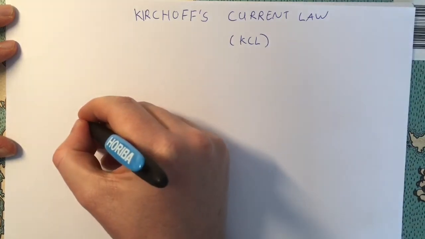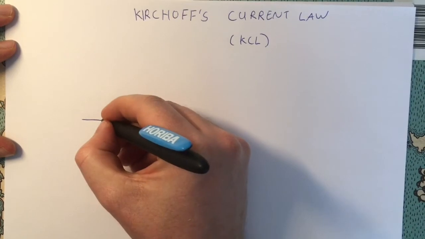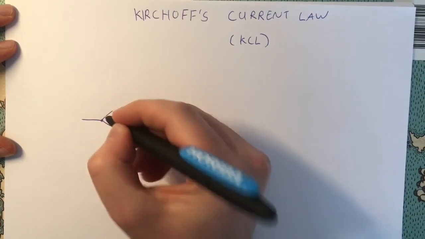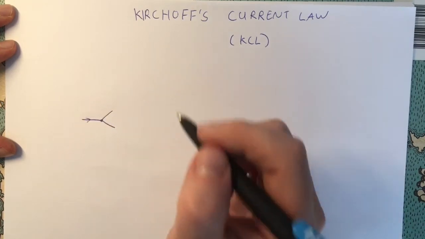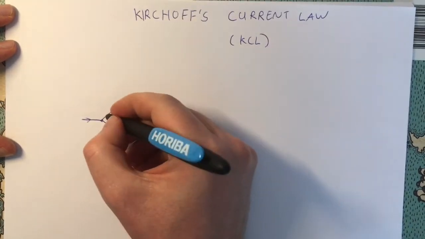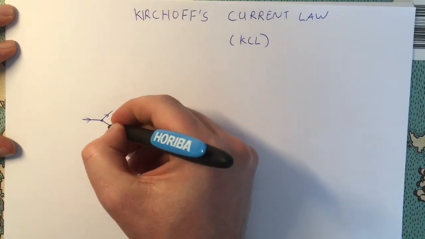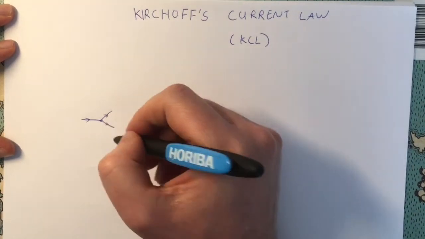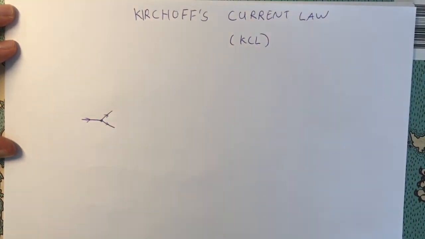So if we have a wire and this splits into two, if we've got some current flowing down this wire and then it's got more than one option of where to go, then we call this point a node.